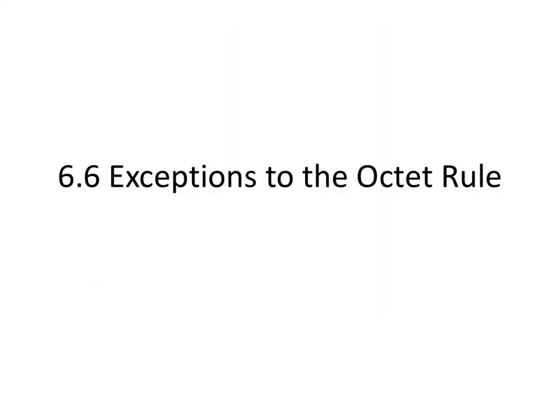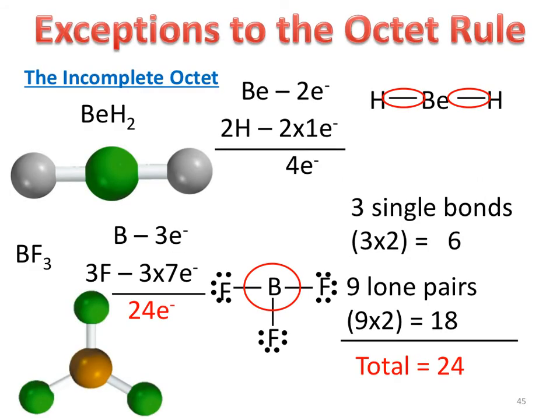And now for the so-called exceptions to the octet rule. As I stated before, I really don't view these as exceptions to the octet rule. I really view them as part of the rules of forming Lewis structures, and realizing that if you reduce formal charges and get the best structure, you're going to stop when formal charges are 0.